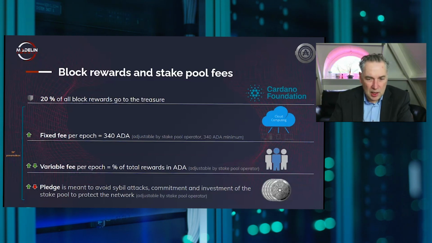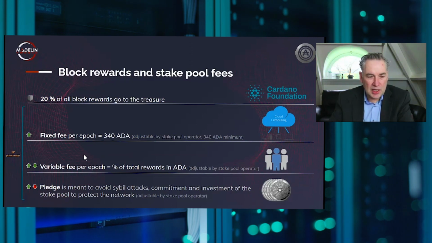And on basis of that, there is a war chest being built. And from this war chest, the stake pools are being paid with a fixed fee per epoch. And that basically should cover the cost of having this computation hardware available.